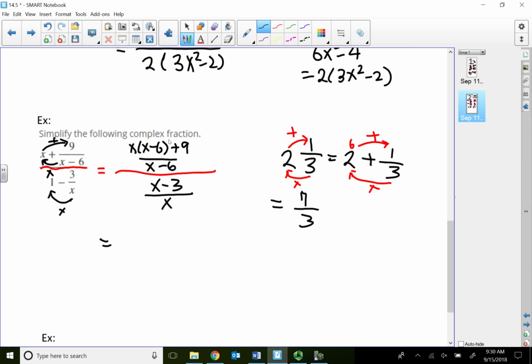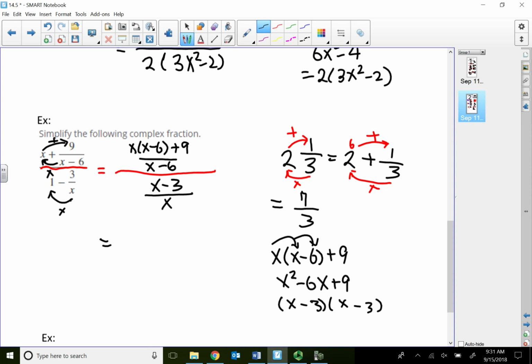So let me simplify this top right here real quick. All right, x times x minus 6 plus 9. Distribution will tell me that's x squared minus 6x plus 9. All right, while I'm at it, let's go ahead and factor this. This is going to be x and x, 3 and 3. Both of them got to be negative to end up with negative 6 in the middle.